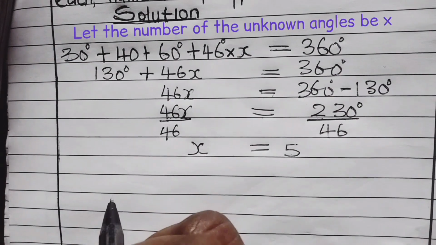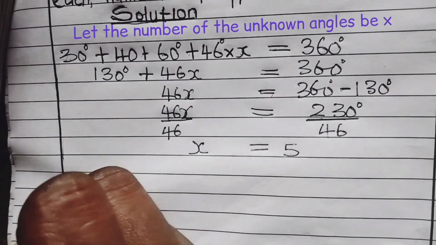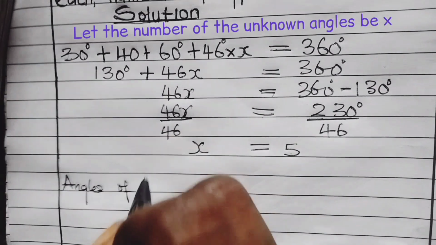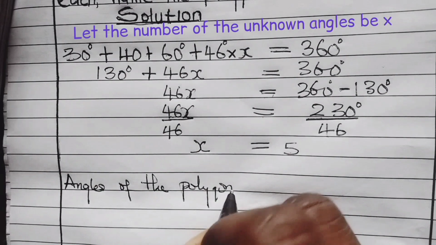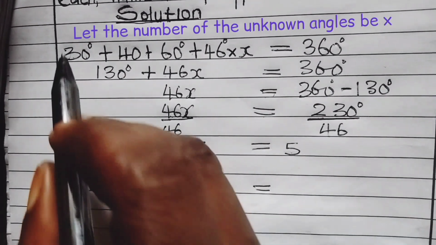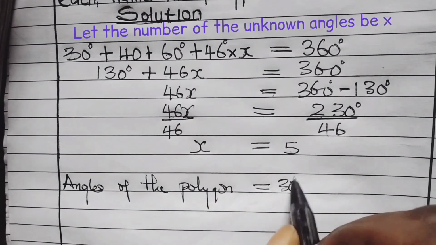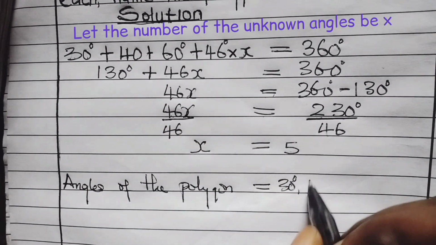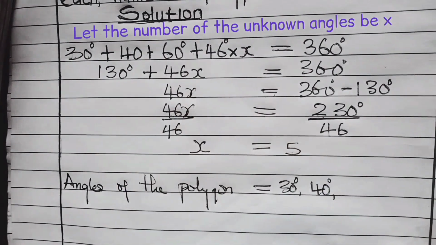The angles of the polygon are 30 degrees, 40 degrees, 60 degrees.